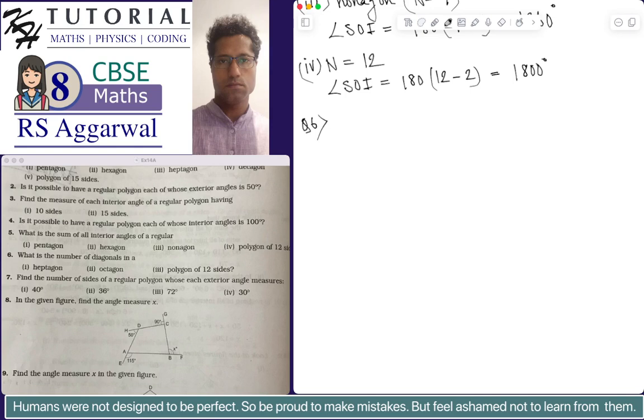What is the number of diagonals in a heptagon?